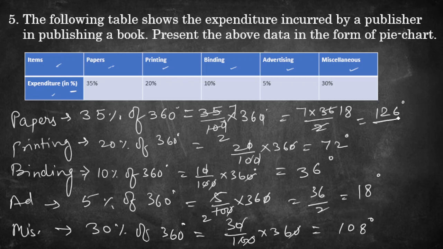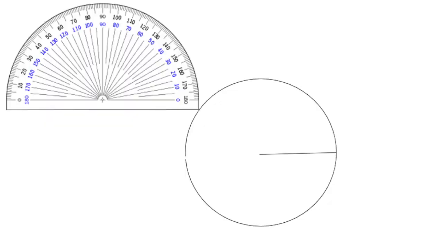So here you need to draw 126, 72, 36, 18 and 108 degrees. Okay, so let's draw the pie chart. For this, first of all you need to make a circle with any radius. Okay, now we'll draw these angles using protractor.